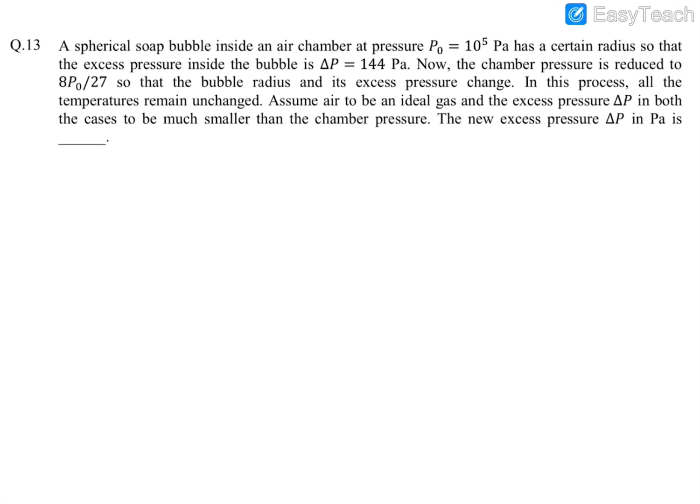So we know that this process is isothermal, so P1 V1 will be equal to P2 V2, and P1 is the pressure inside the bubble, and we have to neglect the excess pressure in front of the chamber pressure. So we can directly assume that the pressure inside the bubble is the chamber pressure.